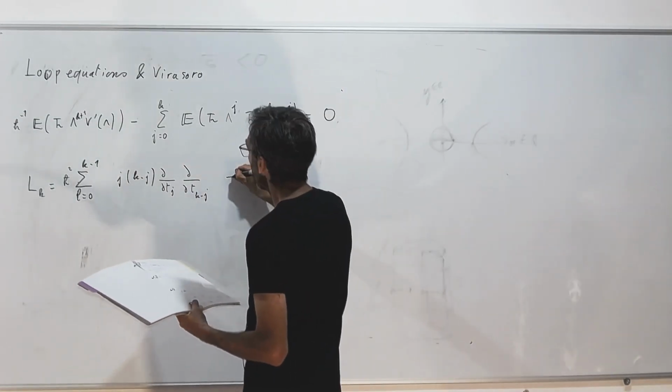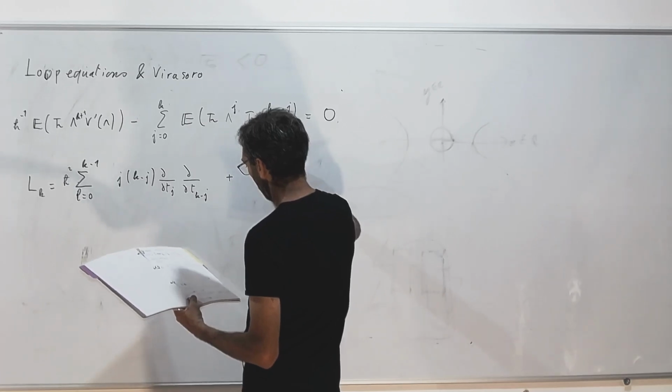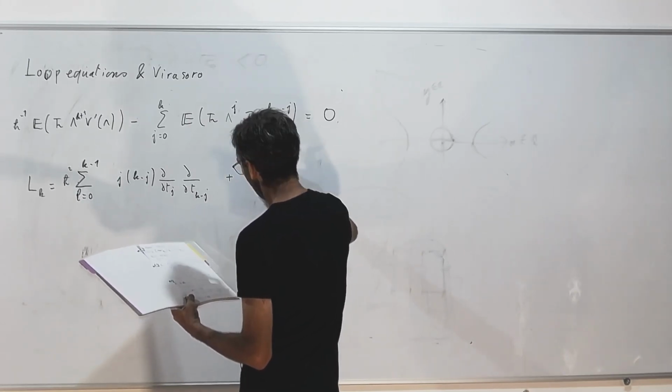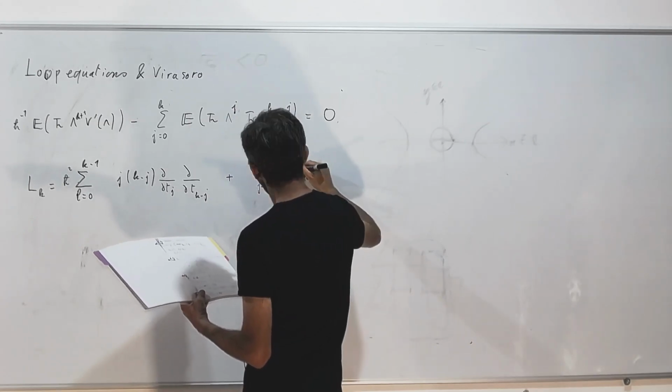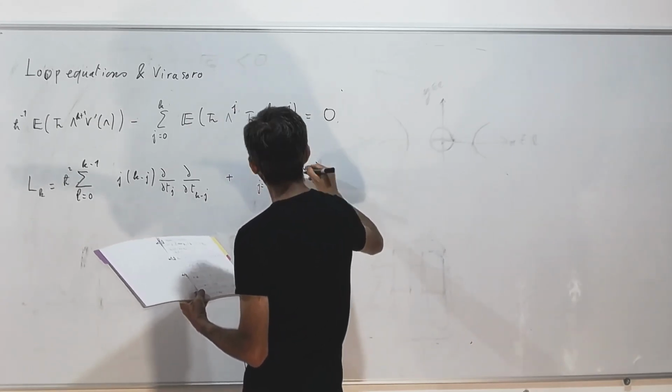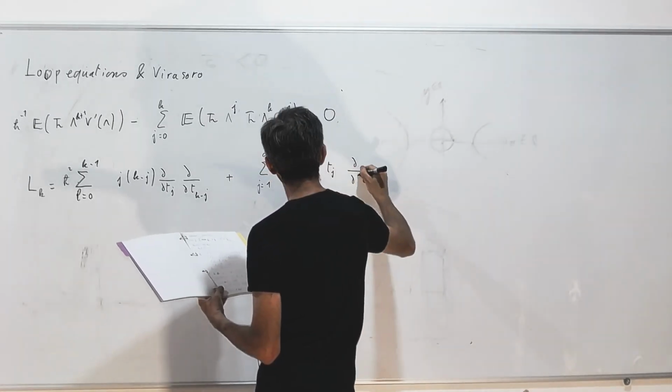Plus the sum over j equals 1 to infinity of (k plus j) tj d over dt(k plus j).